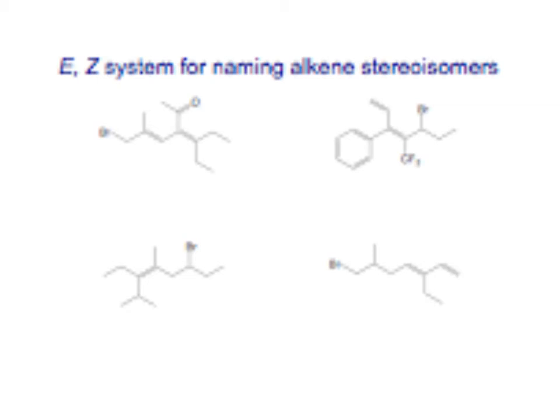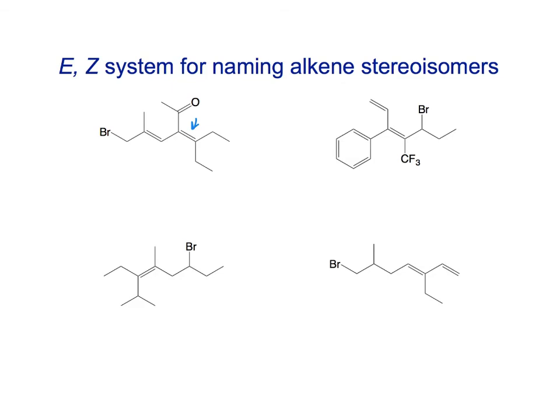And what it takes for an alkene to have stereoisomers is that each end of the double bond has to have two different groups attached. All right, so let's look at this first molecule in the upper left. So what about the double bond on the right? Would this double bond have stereoisomers?